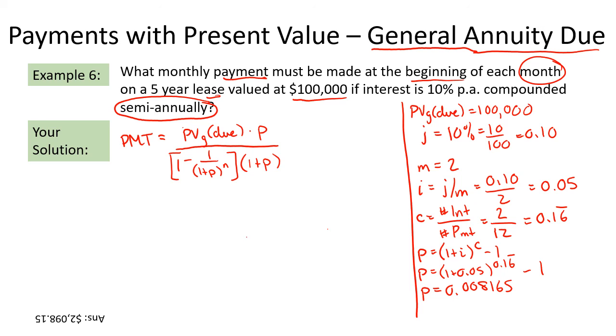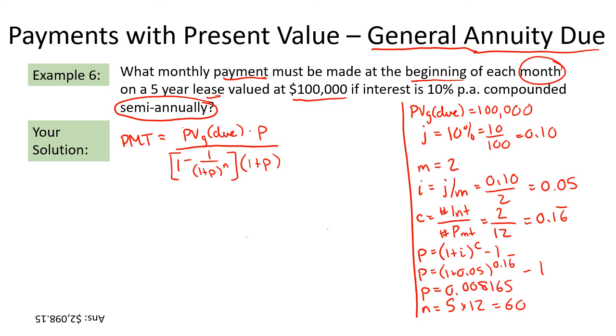Lastly is our total number of payment periods, N. So it's a 5-year lease, and we're making monthly payments, right? So 5 times 12 gives us a total number of payments to make of 60.